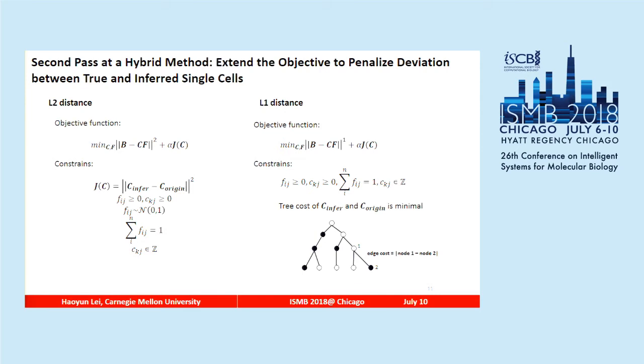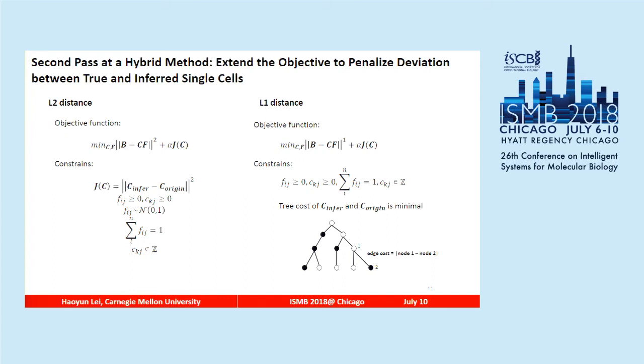So in the penalty we include some of the original single-cell data we use to simulate the tumor as part of the matrix, and we compare the Euclidean distance between the two matrices. In another direction, we use the tree cost to compare the cell component we want to infer and the cell component we use to simulate the tumor.